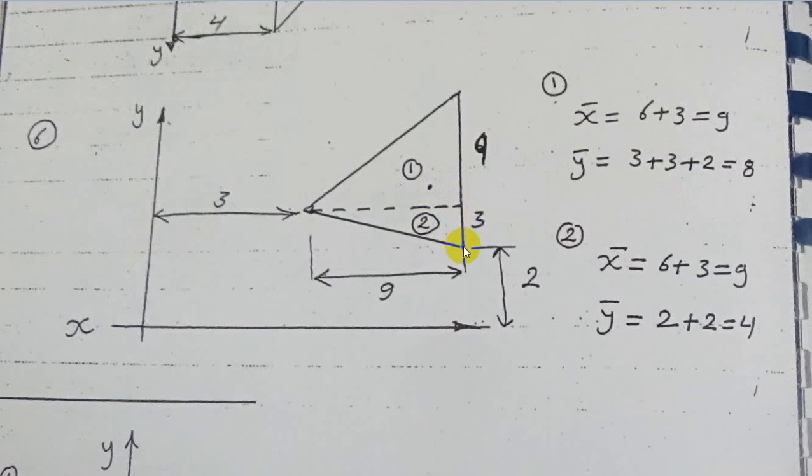So from the base ledge to the second junction is 3, and from this ledge to the second junction is 3. From the second junction right up to the x-axis is 2. So 3 plus 3 plus 2, 6 plus 2, is the y dash for sector 1.